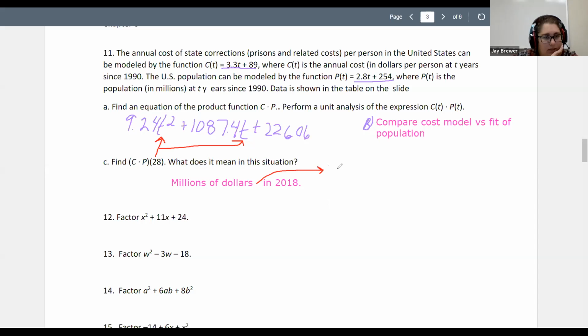What is the answer there when you plug 28 in? I got 60,297.36. Perfect. We're going to leave it for money purposes.